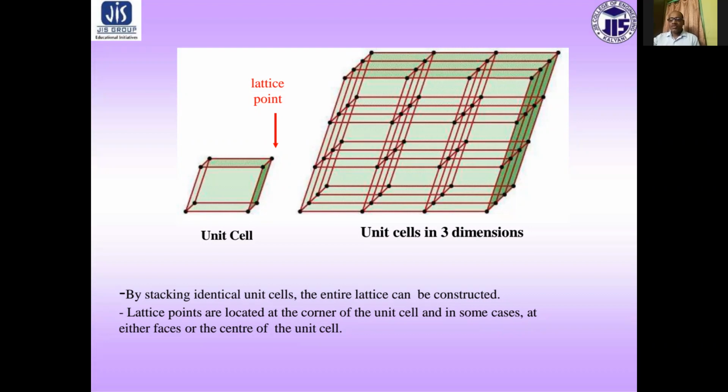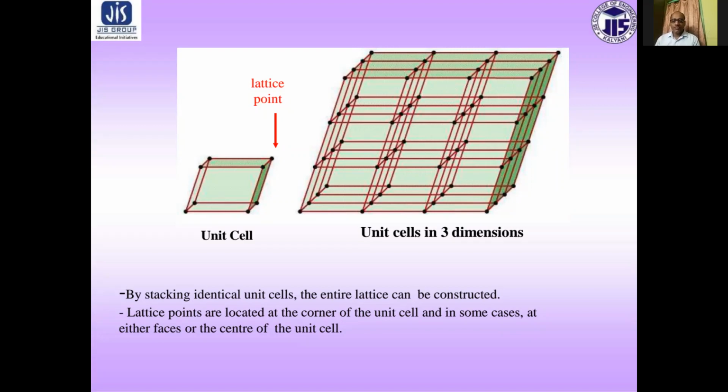These points in the space lattice with identical surroundings are called lattice points. Identical surroundings means the appearance of a lattice point when viewed in a particular direction will be the same as the appearance of any other lattice point when viewed in the same direction.